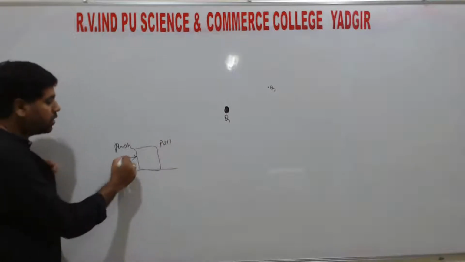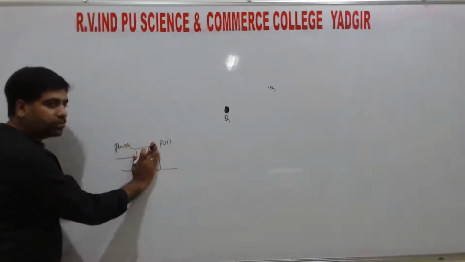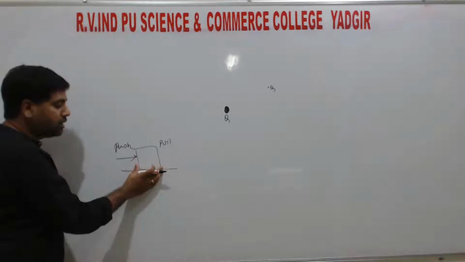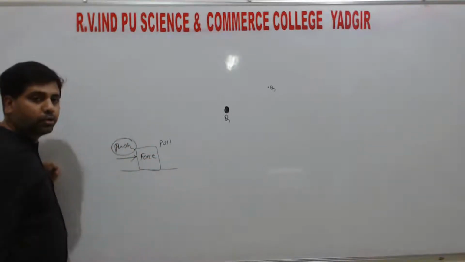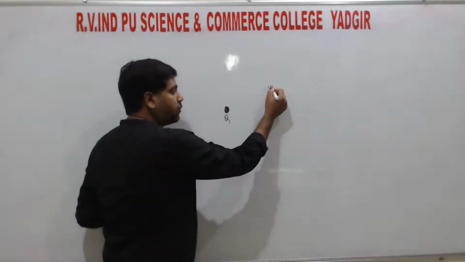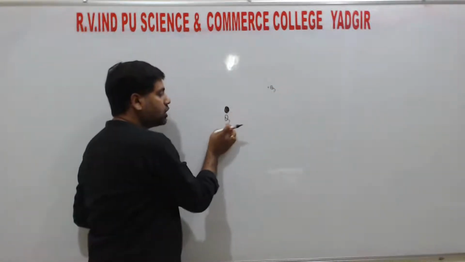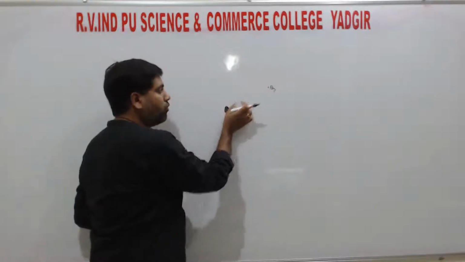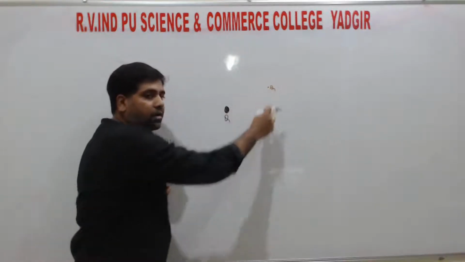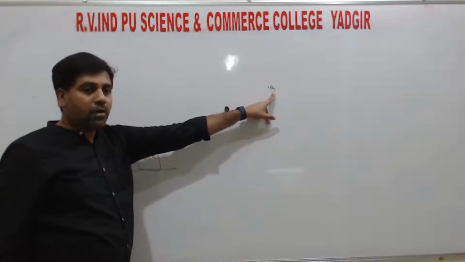These are contact forces. If we push the object, it will be displaced, meaning the object experiences the force by the push. But here this charge experiences the force without being kept in contact with Q. This Q will not go and touch that Q, but still it experiences the force.